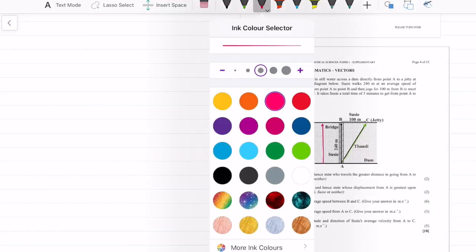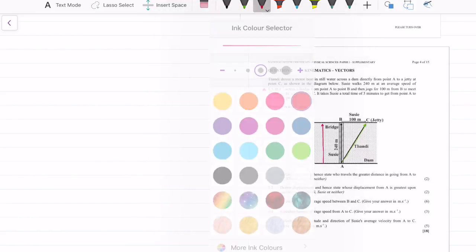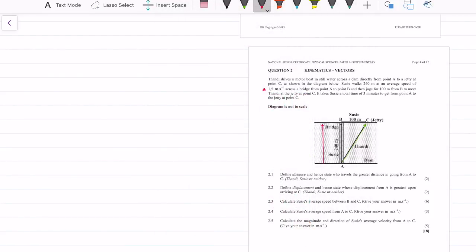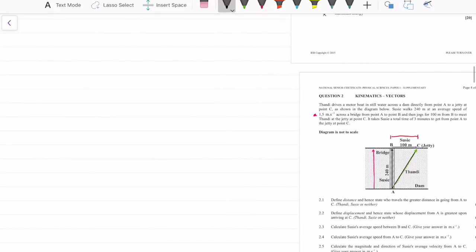And then it says that for the next 100 meters, she does that for the next part of her travels. And then it says that it takes Susan a total time of 3 minutes to get from point A to the jetty at point C. So that is all for Susan. Cool. Let's get into the first question now that we've read everything.